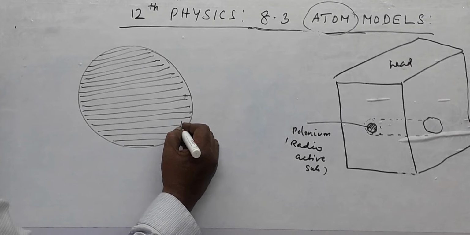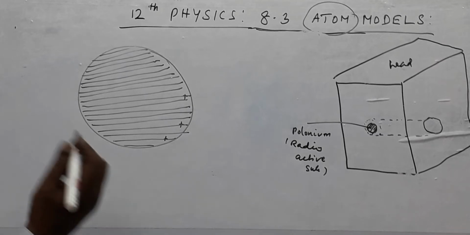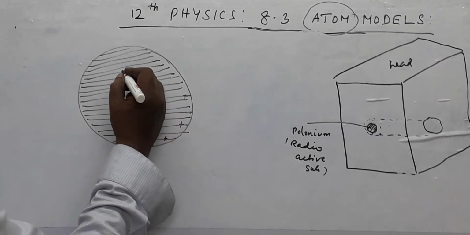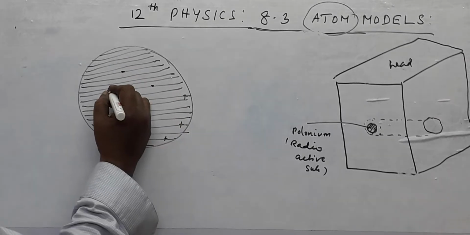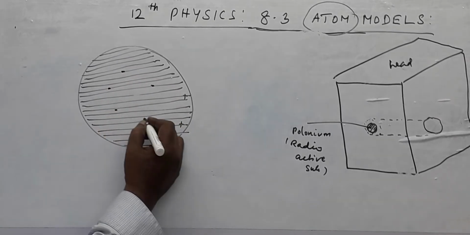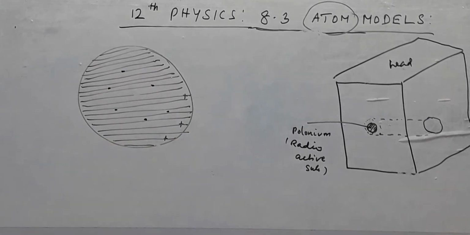These are all positive charges, whereas the electrons are embedded inside the sphere, as shown in the figure. These are called electrons. It is just like a watermelon.